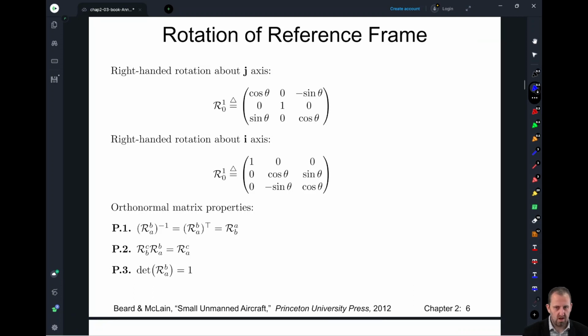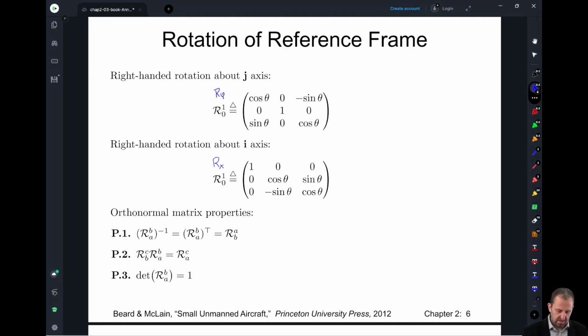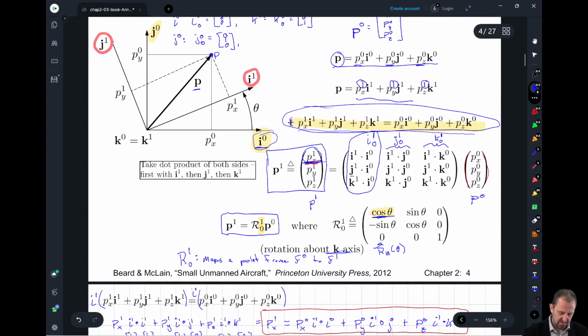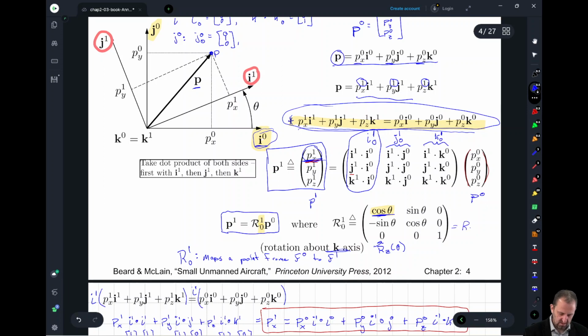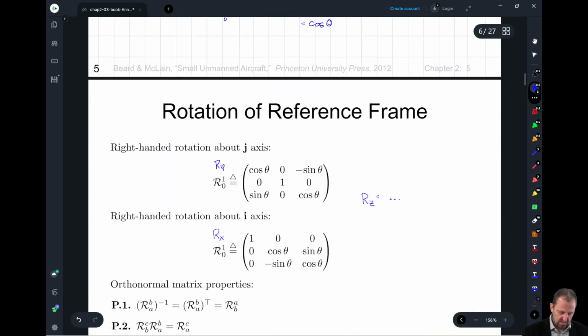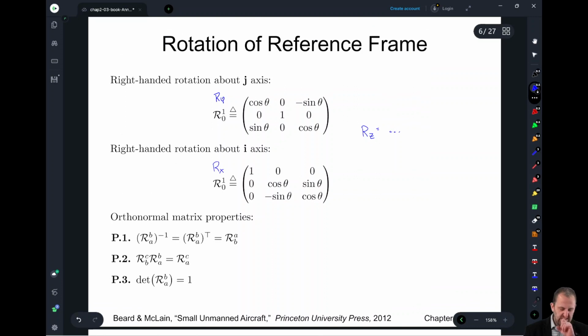So again, all we're doing is rotating the axes of the reference frame from one position to another. If we rotate it about the j-axis, previously we called this ry. If we do a right-hand rotation about the I-axis, previously we called this rx. And then we could also rotate about the z-axis, and this is rz, right? So our traditional two-dimensional rotation. Okay, so we have our elementary rotation matrices.